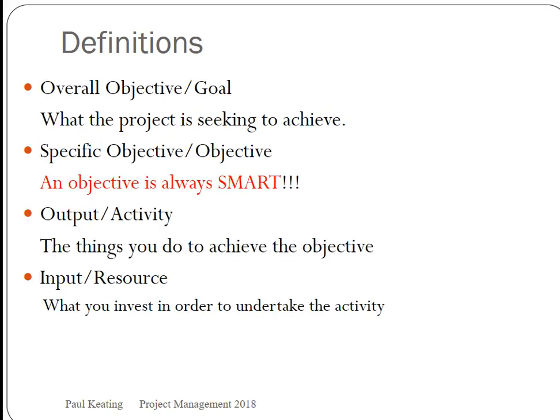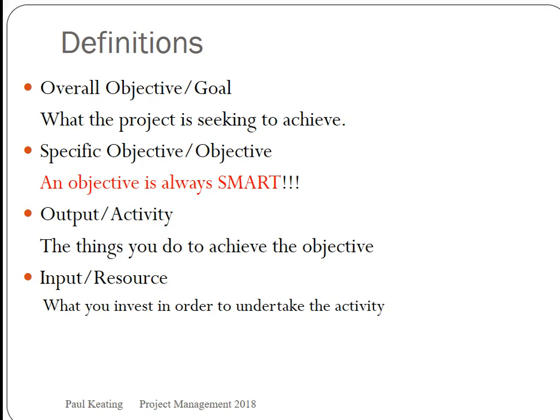Okay, so if we look at the program, the program must speak to an overall objective or a goal, and that's what the program or even the project is looking to achieve. And under that, you will have more specific objectives. So the goal might be made up of 5, it might be made up of 3, it might be made up of 7 specific objectives.